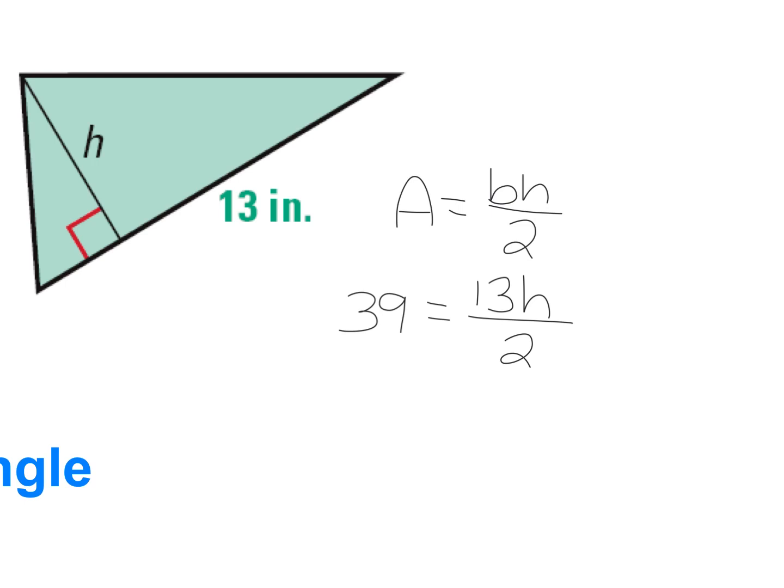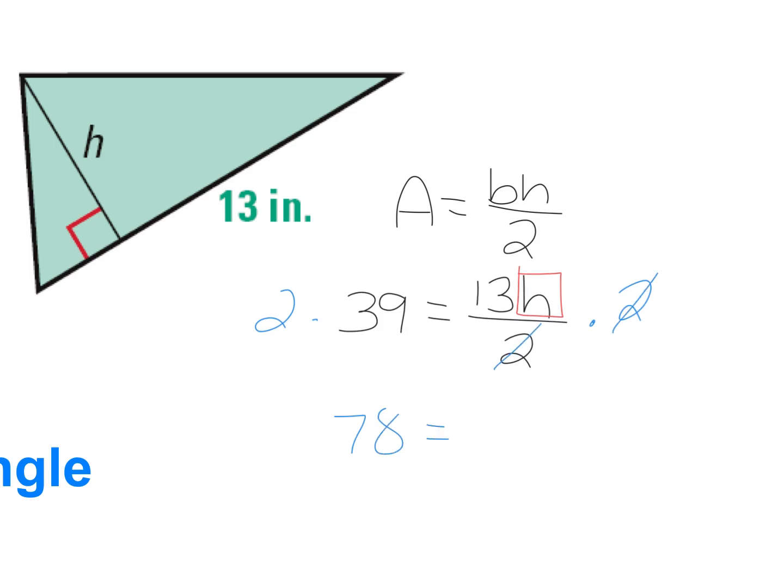Now from here, we want to get h by itself because that is what we are looking for. First we want to get rid of that fraction. We don't like to work with fractions. To get rid of fractions, we multiply by the denominator on both sides, so we multiply by 2 on both sides. On the left, 39 times 2 is 78.